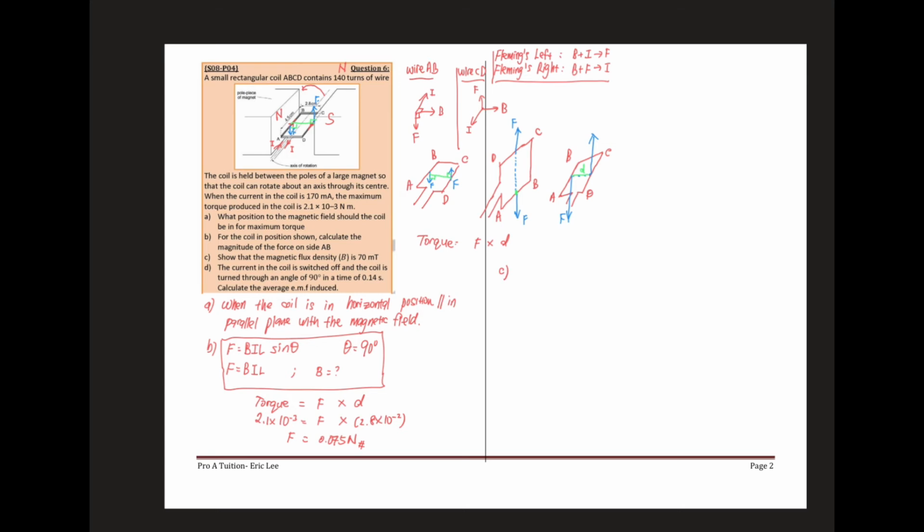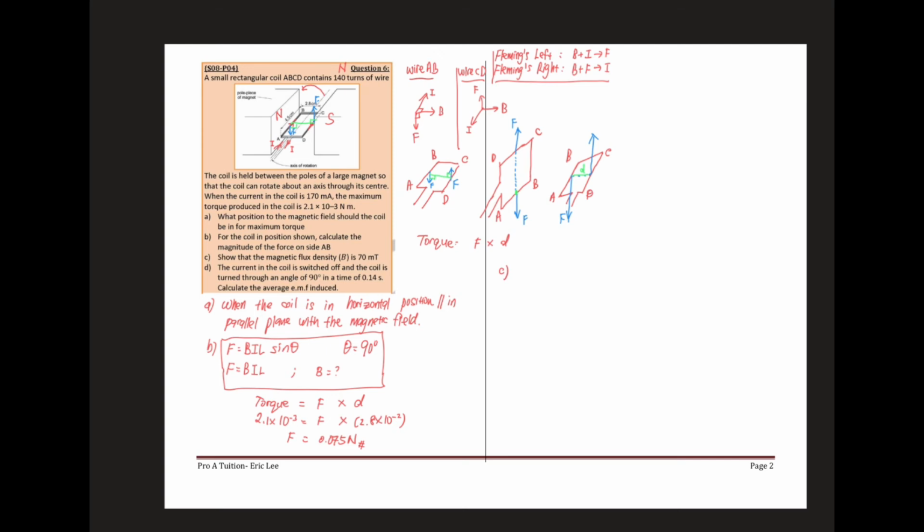There are many turns of coil over there. Based on the question, there are 140 turns. Our formula, F equals BIL, is the possible formula to find B. But this formula is suitable to be used when it is one turn.